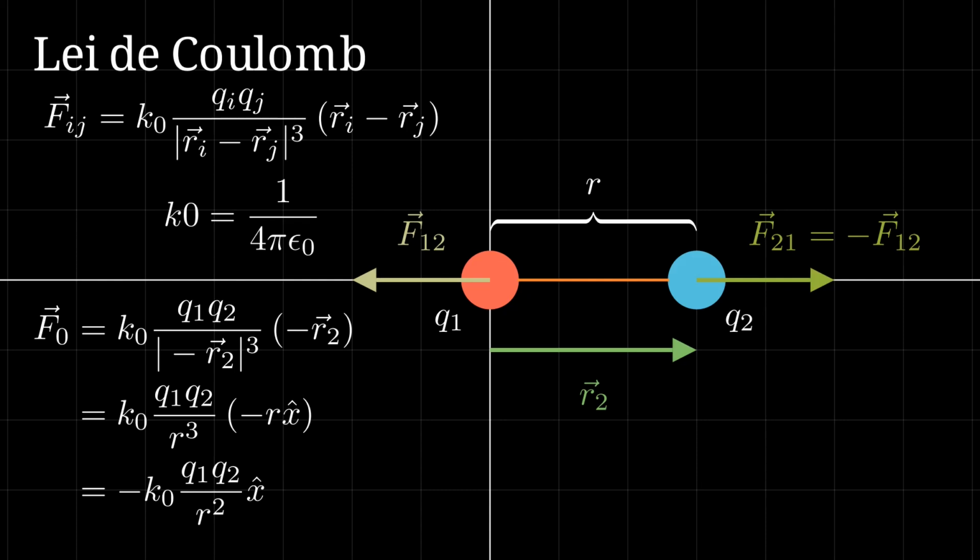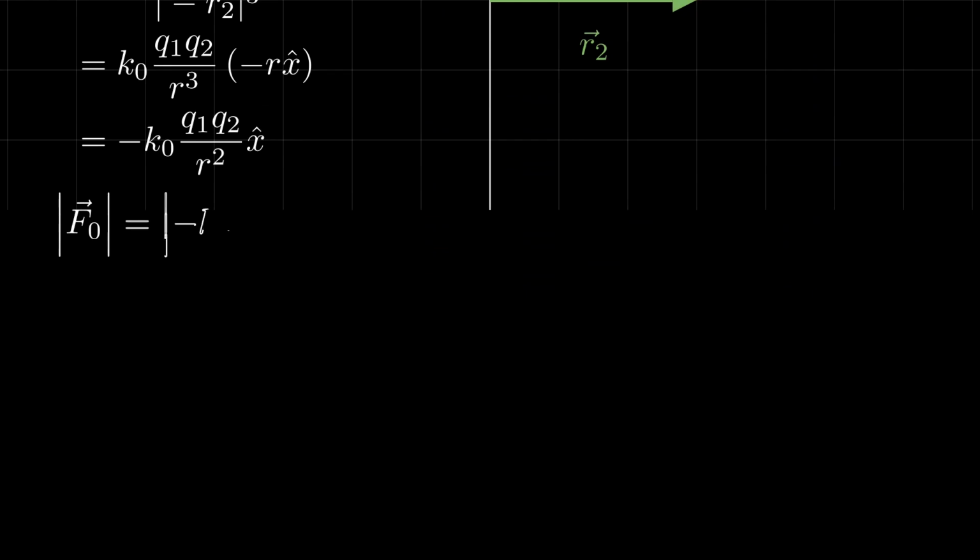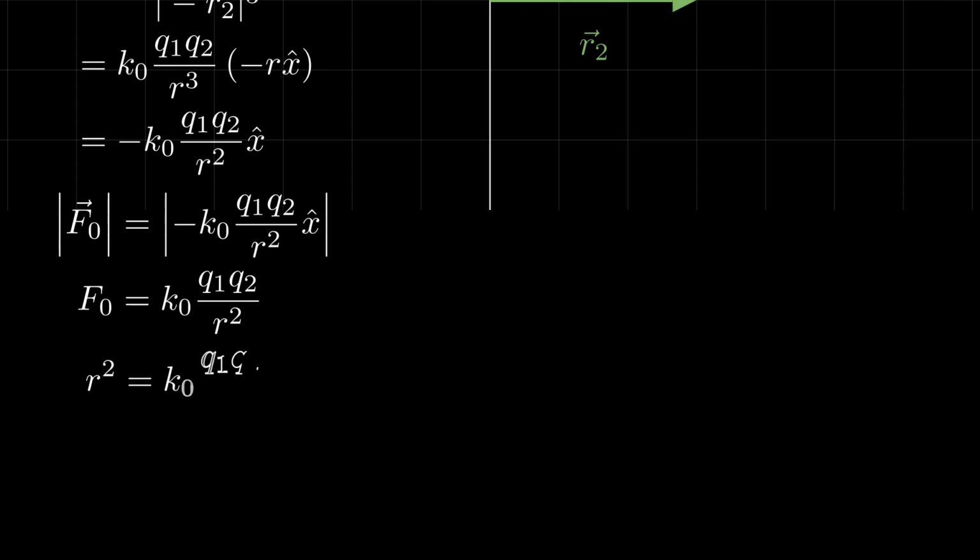To find out what the distance r must be for the force F to have modulus equal to F0, we take the module on both sides of the equation. Notice the absence of vector notation because now we are working only with numbers. We must isolate r squared.